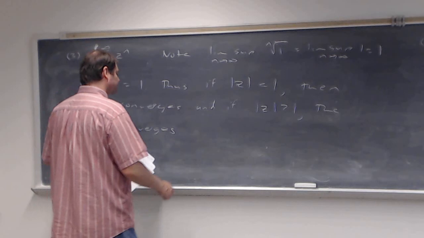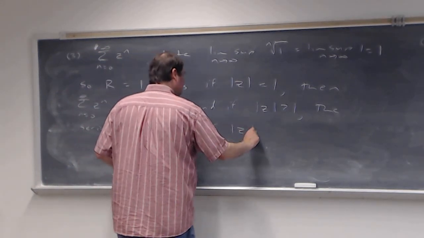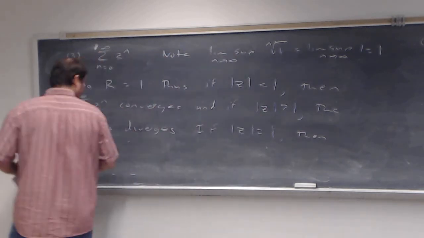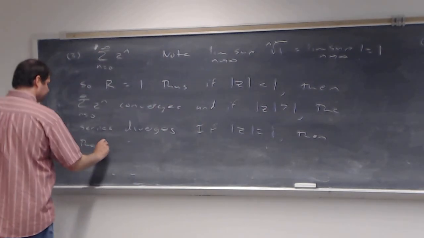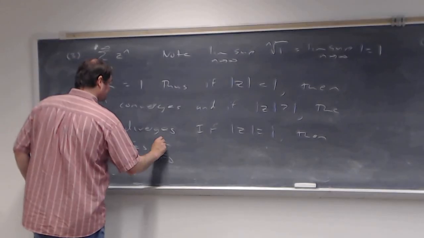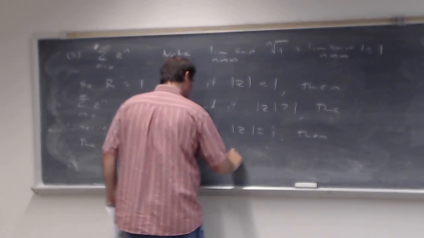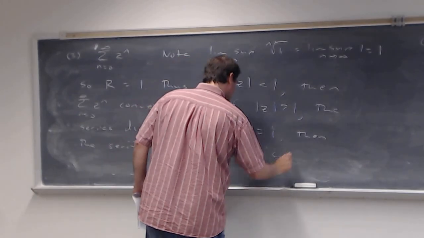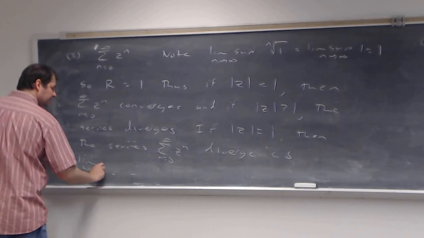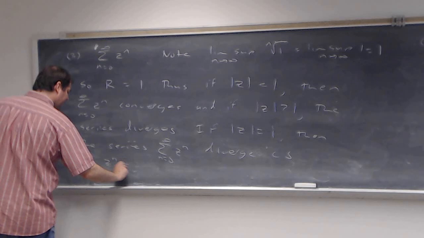And if the norm of z equals 1, then this particular series, the sum as n runs from 0 to infinity of z to the n, is going to diverge, as the limit as n goes to infinity of z to the n can't be equal to 0.